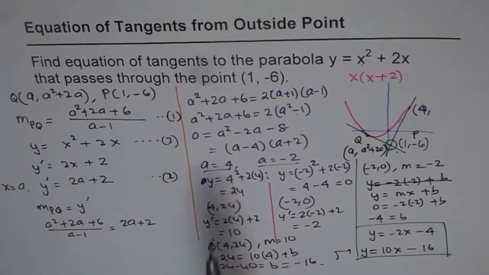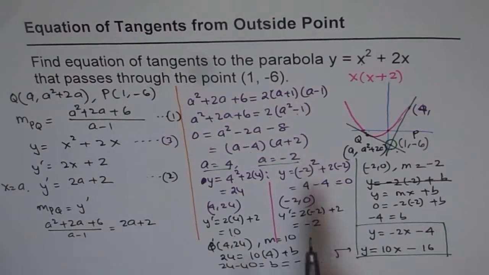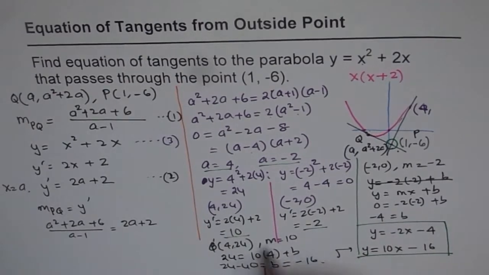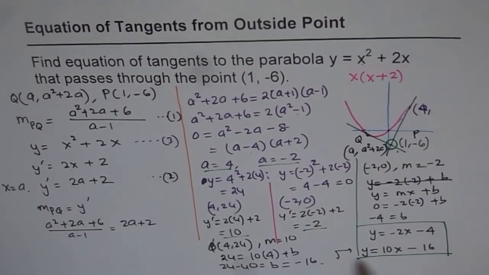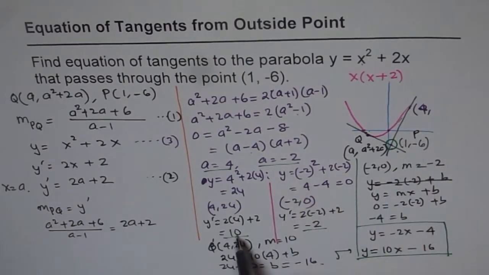The slope at 4 was 10, and the slope at -2 was found to be -2. So these are the two slopes which we calculated, right? And then we used those new points with the given slopes to find the equation of the line. You could use the point (1, -6) with these slopes to find the equation of the line, and that could have been your answer, right?